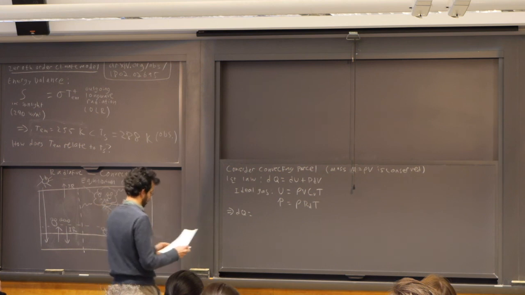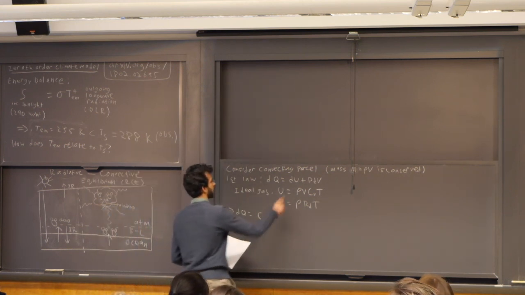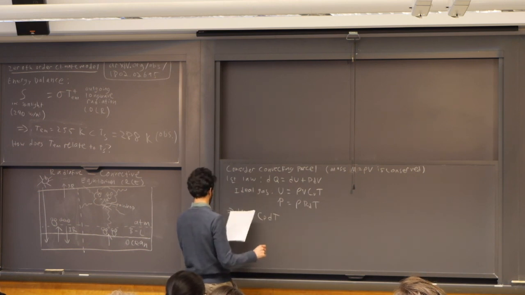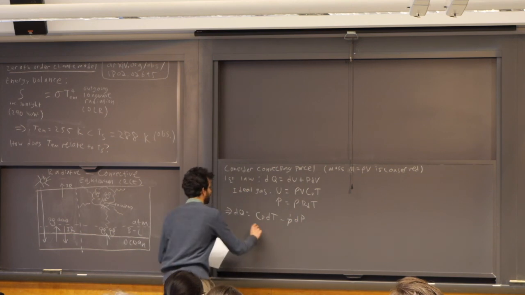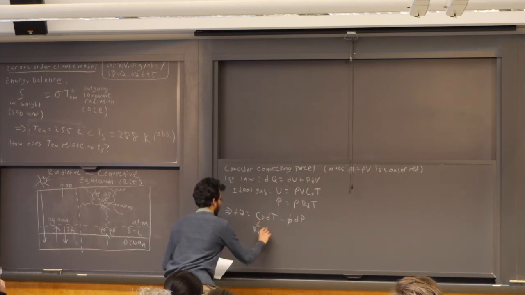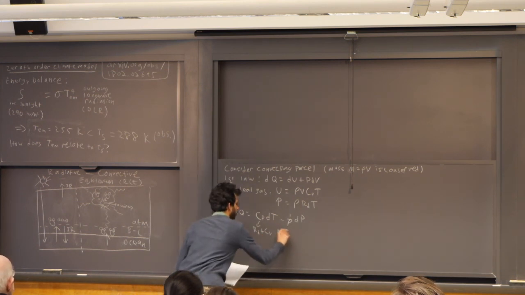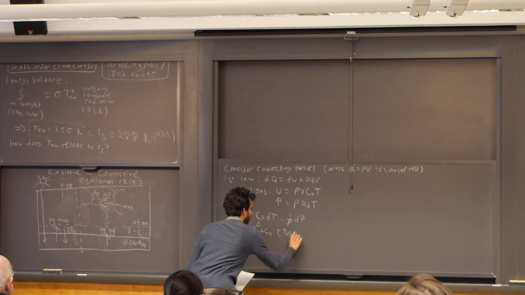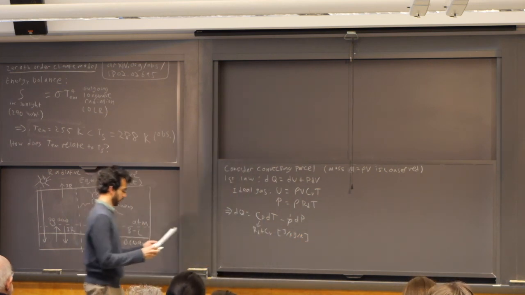All right. So if you plug these in and do a little bit of rearranging, you get this. The CP is just the gas constant plus CV. And these have units of joules per kilogram per Kelvin. All right.